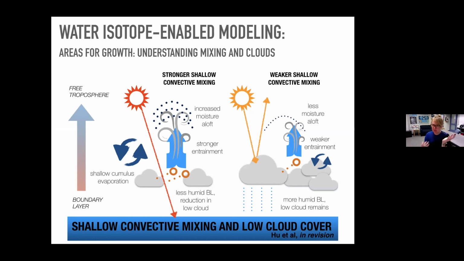In this case, looking at delta D profiles in the vertical to elucidate our understanding of shallow convective mixing and how those fields affect low cloud cover. So we can compare how those relationships operate in our GCMs to how they operate in the satellite data products. Hopefully a paper on that topic will be coming out within the next couple of months or so.